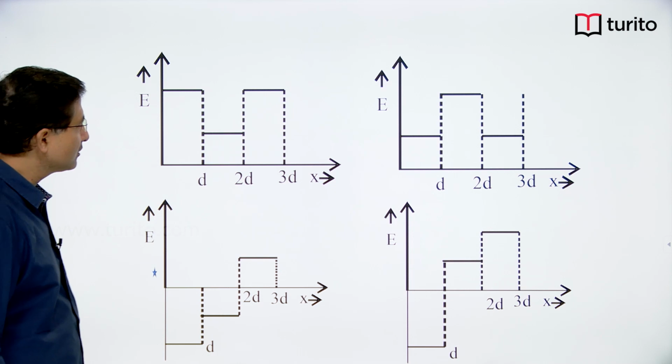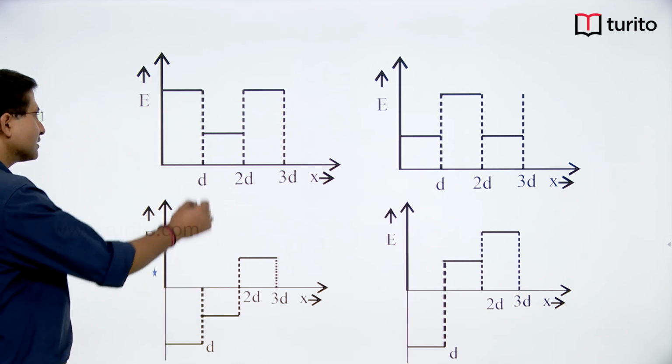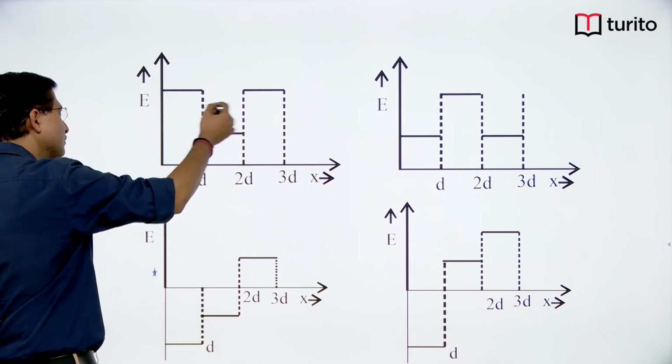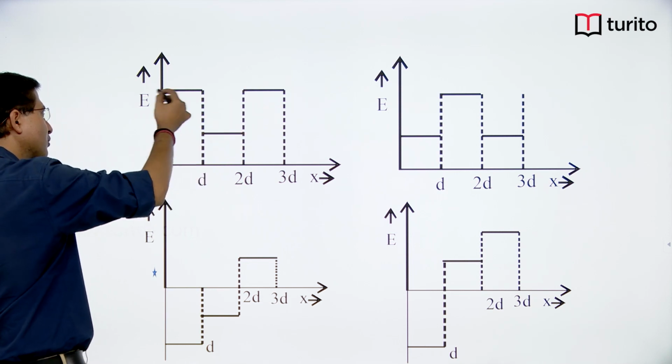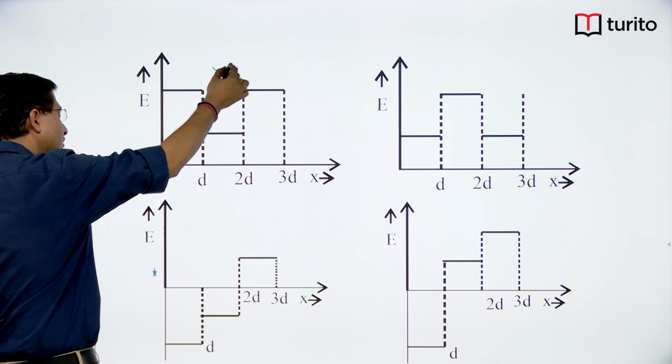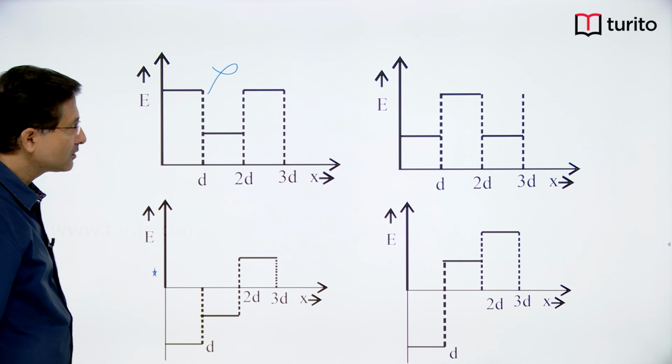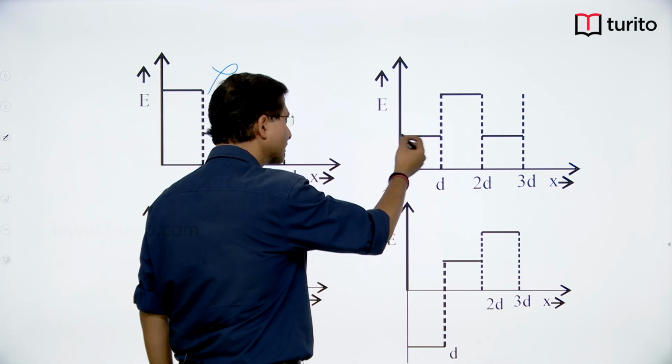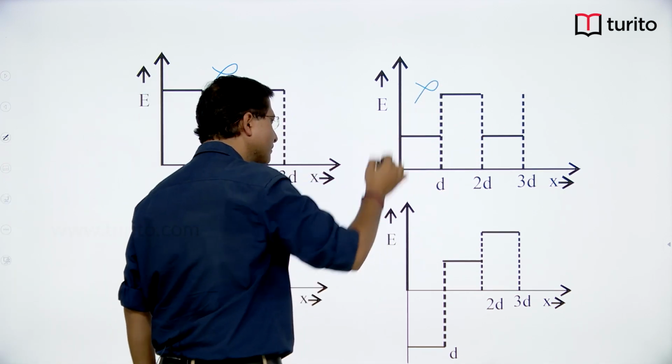Look at all these variations. This variation says throughout the region field will remain positive, right, this is wrong. Similarly here it says it remains positive, this is also wrong.